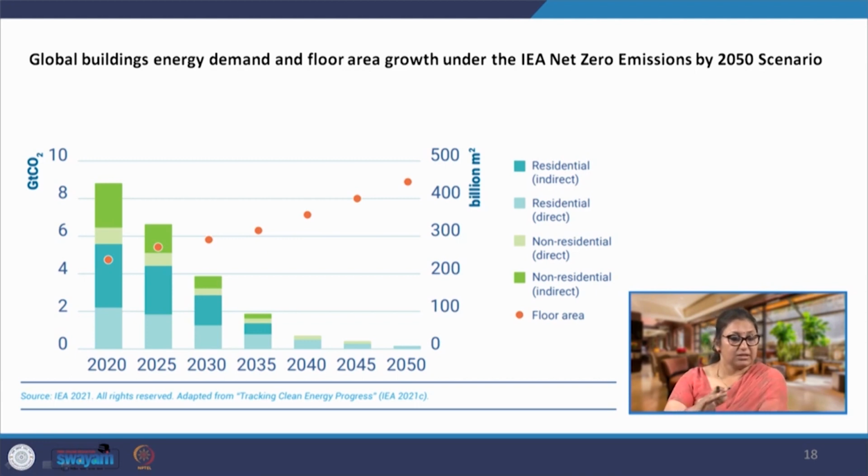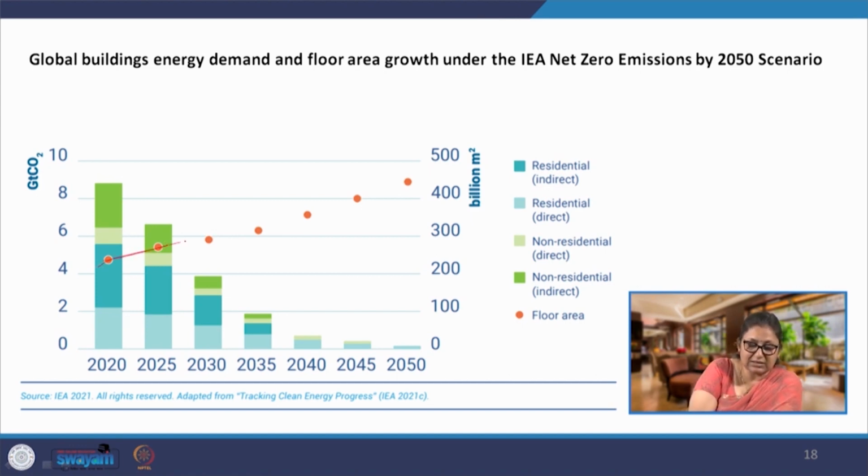Now, if we look at the global buildings energy demand and the floor area growth, we can see a projected growth for 2050. What we are actually aiming at is that while the floor area continues to increase gradually, which is how it is doing, we are closing in on 2025, and this was a projection of course.